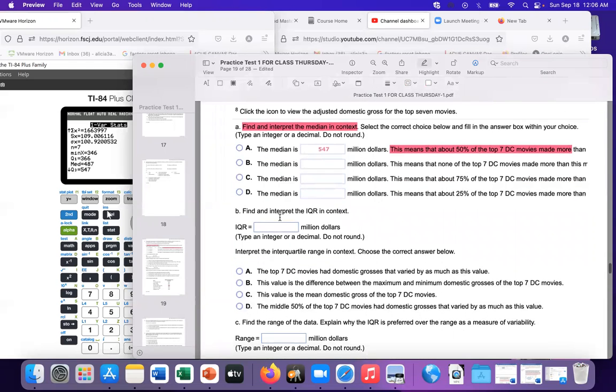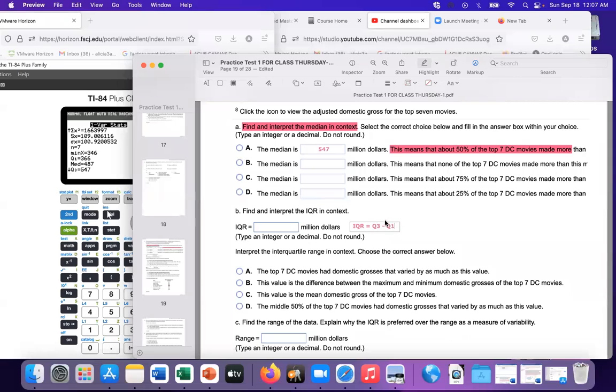So we need to interpret the interquartile range in context. I already have this up here, so I'm going to use that. For the interquartile range, what we want to do to solve that is it's defined to be the difference between, so IQR equals Q3 minus Q1.